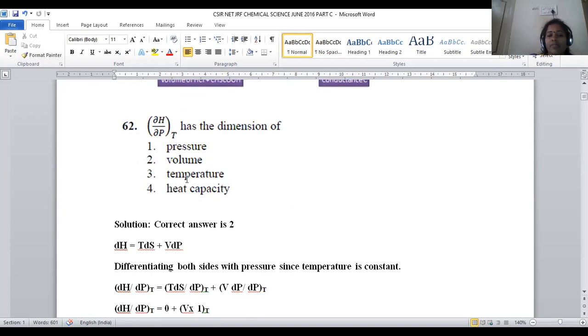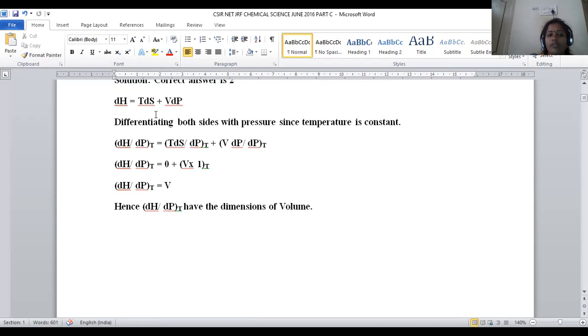At constant temperature, we differentiate with pressure on both sides. Now it will become dH by dP at constant T equals T dS by dP plus V dP by dP. Here temperature remains constant, so the temperature term will not be differentiated. Here also volume will not be differentiated because we have a dP. So dP by dP gets cancelled.